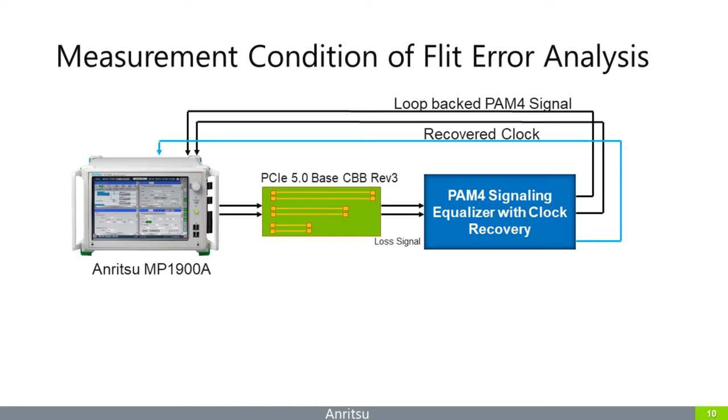It goes to a PCIe Gen 5 CBB, the ISI board. And it goes to the Gen 6 clock data recovery. So this is the DUT. And through the DUT, the signal goes back to the error detector of the MP1900A.